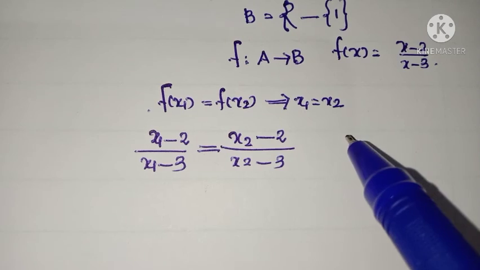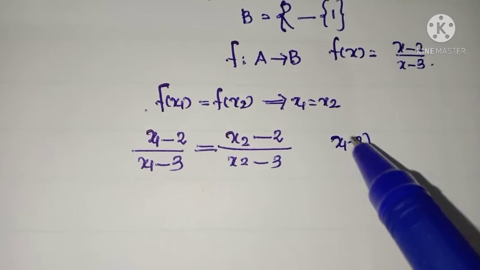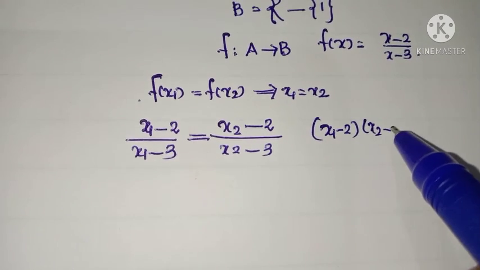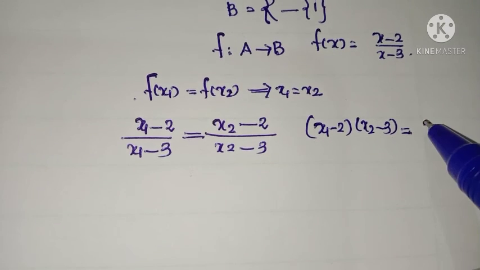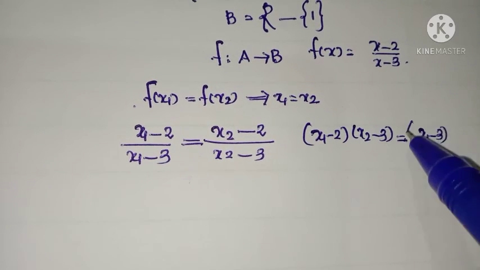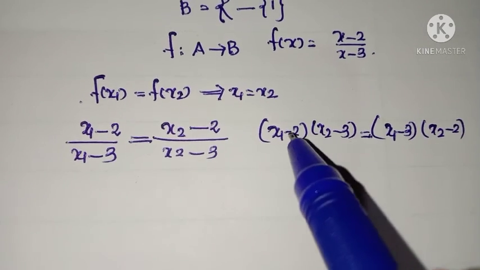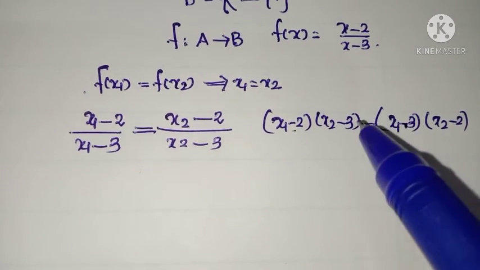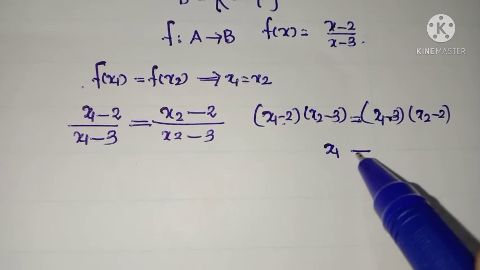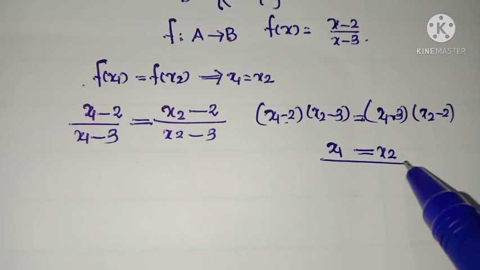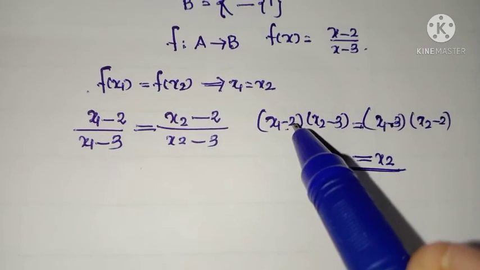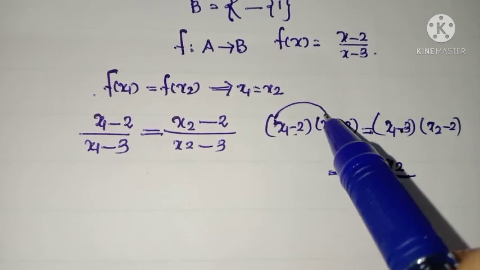Just cross multiply: x1 minus 2 into x2 minus 3 is equal to x1 minus 3 into x2 minus 2. Open the bracket, simplify the terms. You can see that x1 equal to x2. Do it by yourself, just multiply term by term.